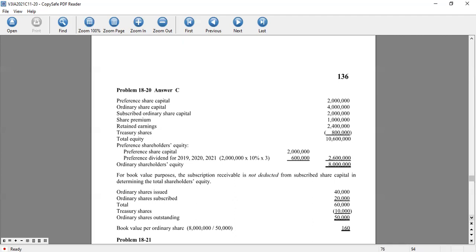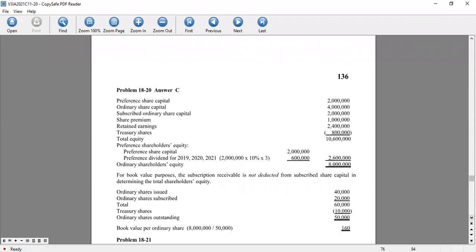Preference shareholders' equity: deduct the share capital of 2 million and the preference dividend for 3 years, 2 million multiplied by the rate of 10% times 3 years. The preference dividends are in arrears for 3 years, 600,000.